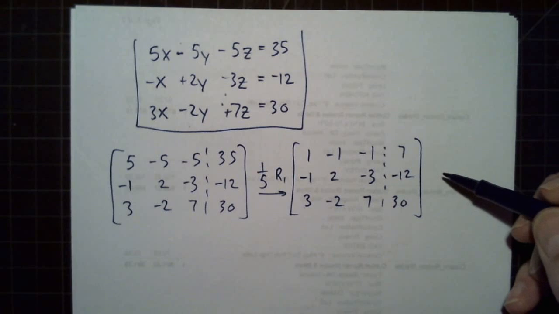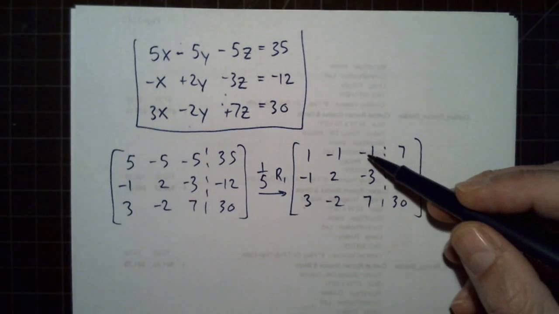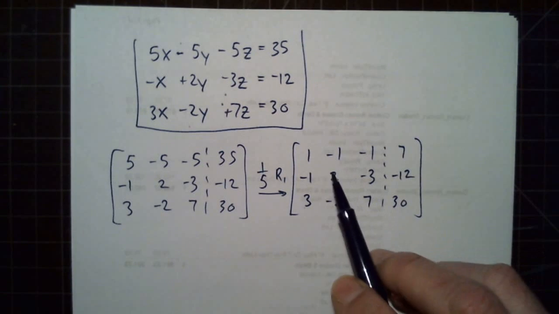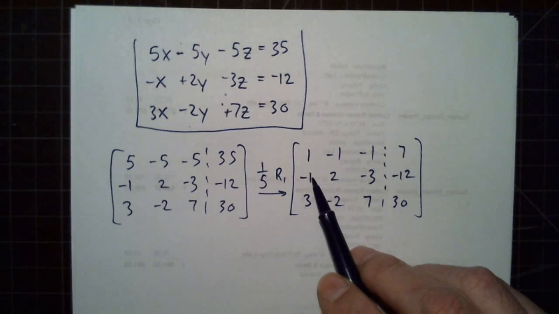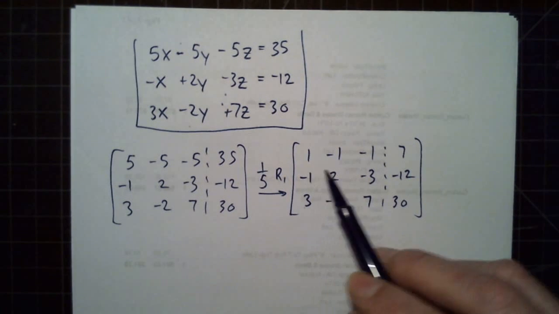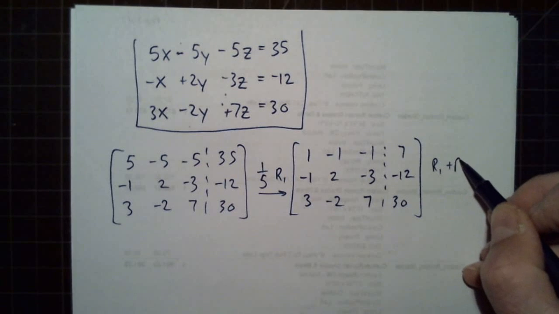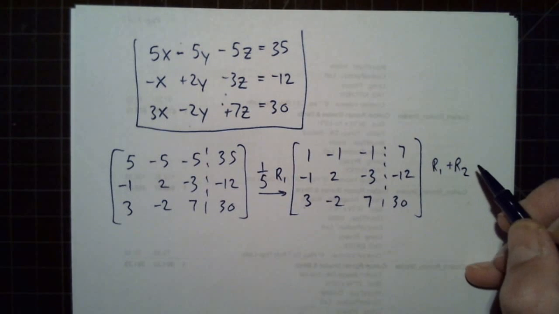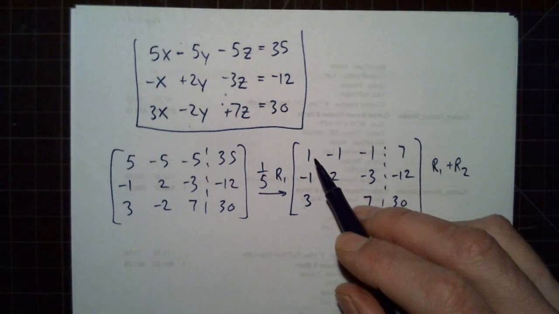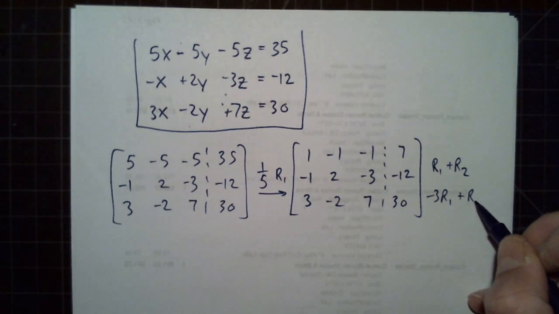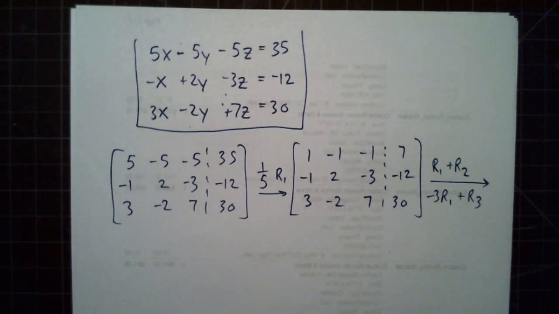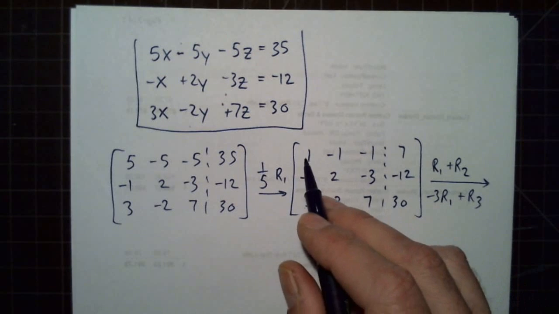All right. And then we want to use that to make zeros here. So we can do row 1 plus row 2, and we can also do negative 3 row 1 plus row 3. We won't change row 1.